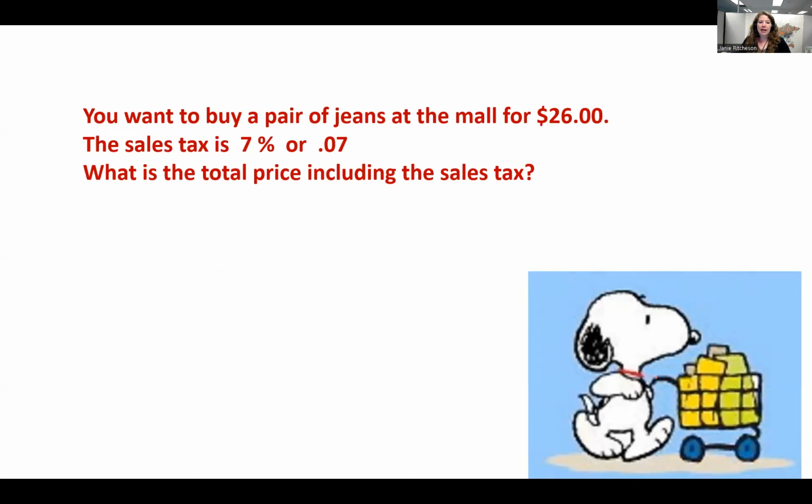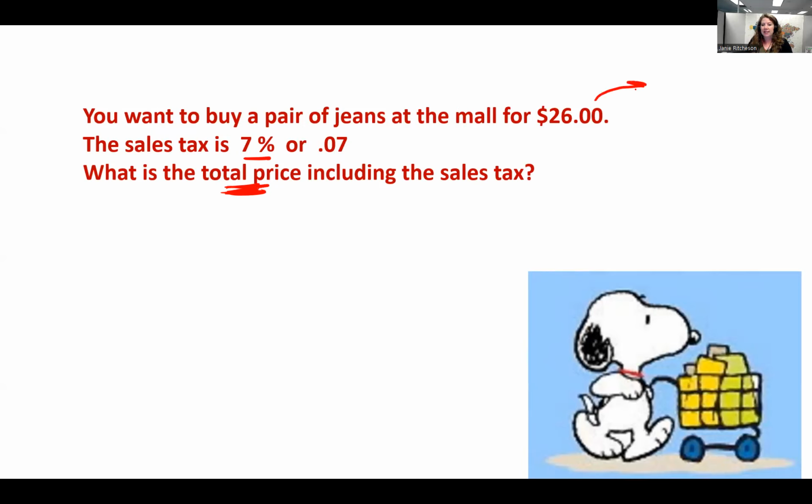All right, you want to buy a pair of jeans at the mall for $26. The sales tax is 7%, which is equal to 0.07. The question is, what is the total price, including the sales tax? All right, so on the previous screen, I just wanted to know the sales tax amount. This one, I want to know the entire price. So think about it this way.